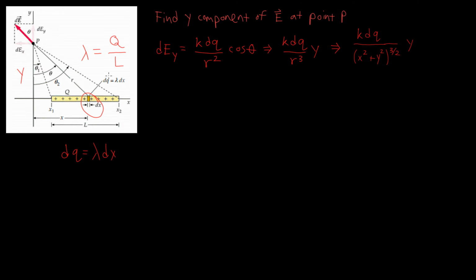So if we want the small amount of charge given by this small segment, it would just be the line charge density lambda times the length of the segment dx. So we could just substitute in lambda times dx into dq.